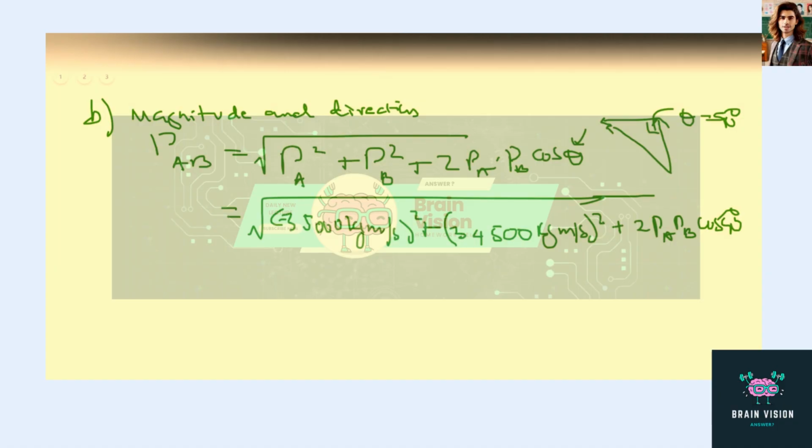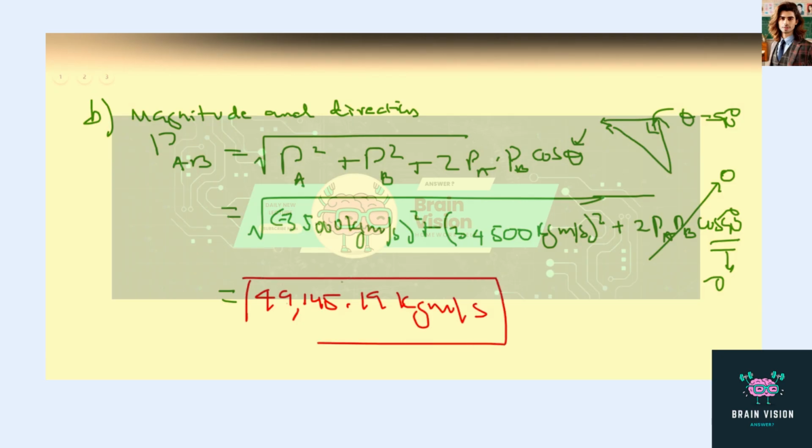Remember, cosine 90 is 0. And so if we sum this up, we end up getting 49,145.19 kilogram meters per second.